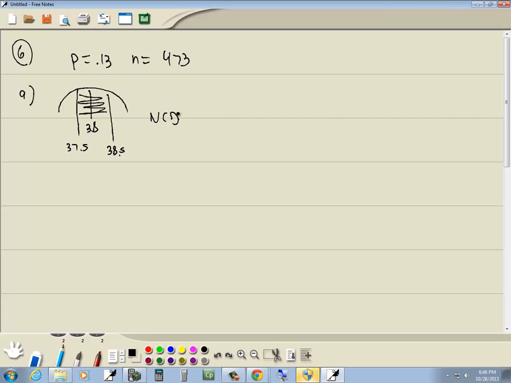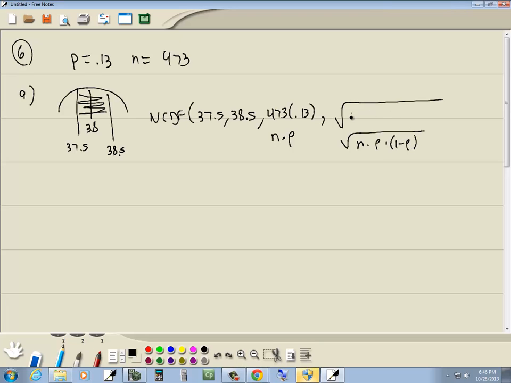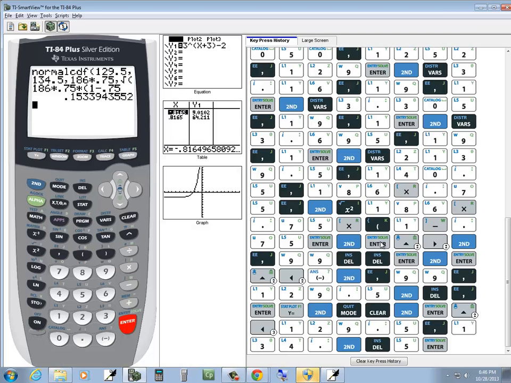And this will be normal CDF, our low value, which is 37.5, our high value, which is 38.5, our mean, which is n times p. So we're going to have 473 times 0.13, then comma, and then the square root of n times p times 1 minus p: 473 times 0.13 times 1 minus 0.13. Okay.